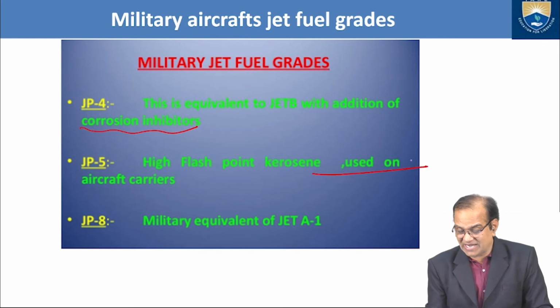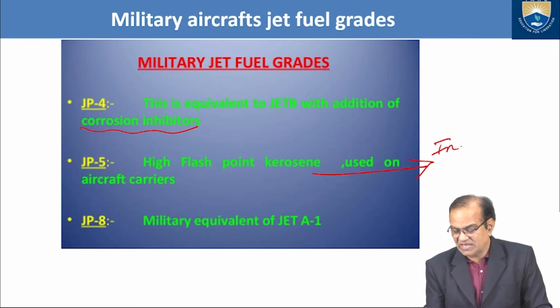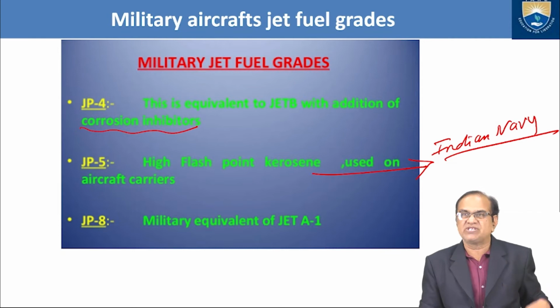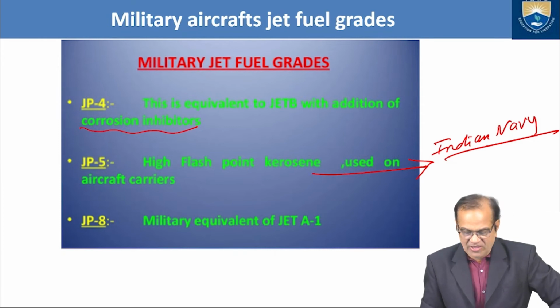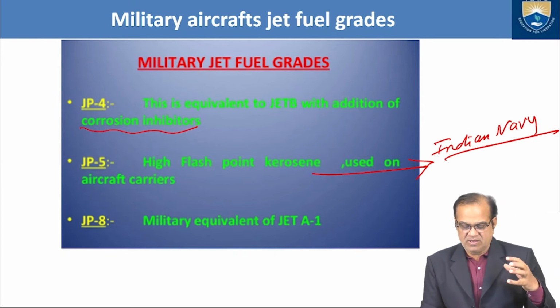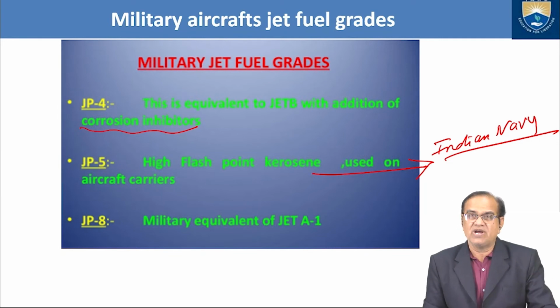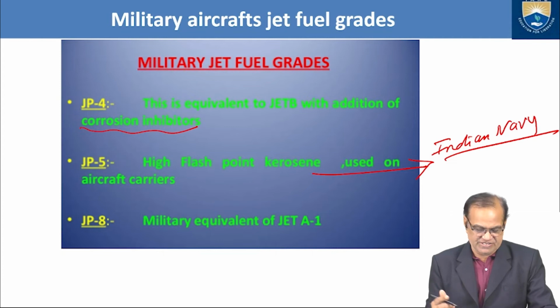So in the aircraft carriers of the Indian Navy, previously we used to fly the Sea Harrier. Now we are using the MiG-29K. So these aircraft use JP5, which has anti-corrosive properties and gives better efficiency.